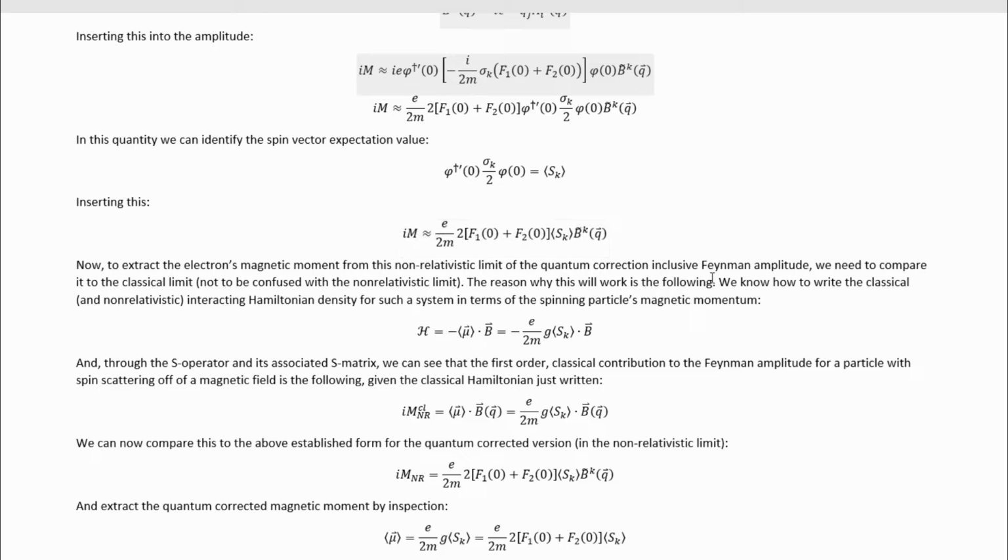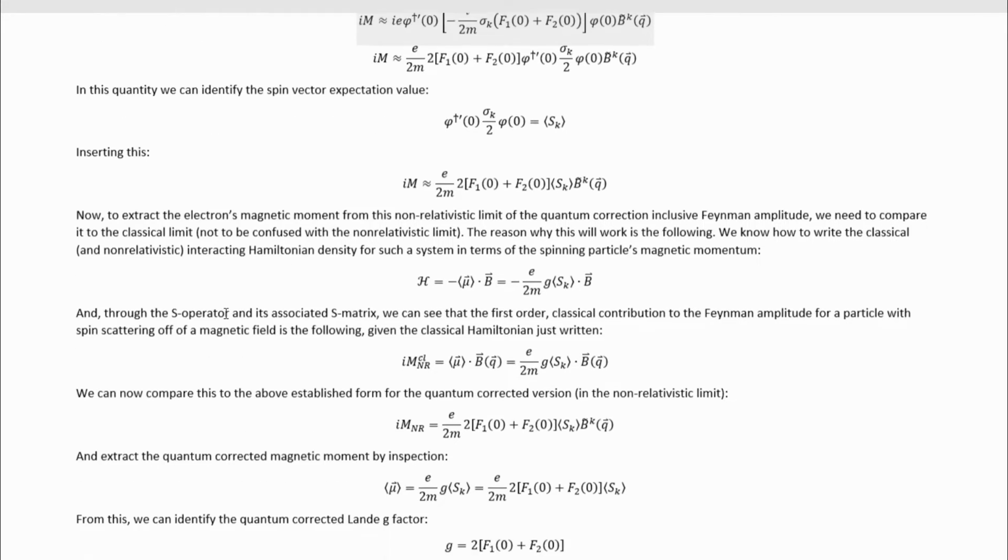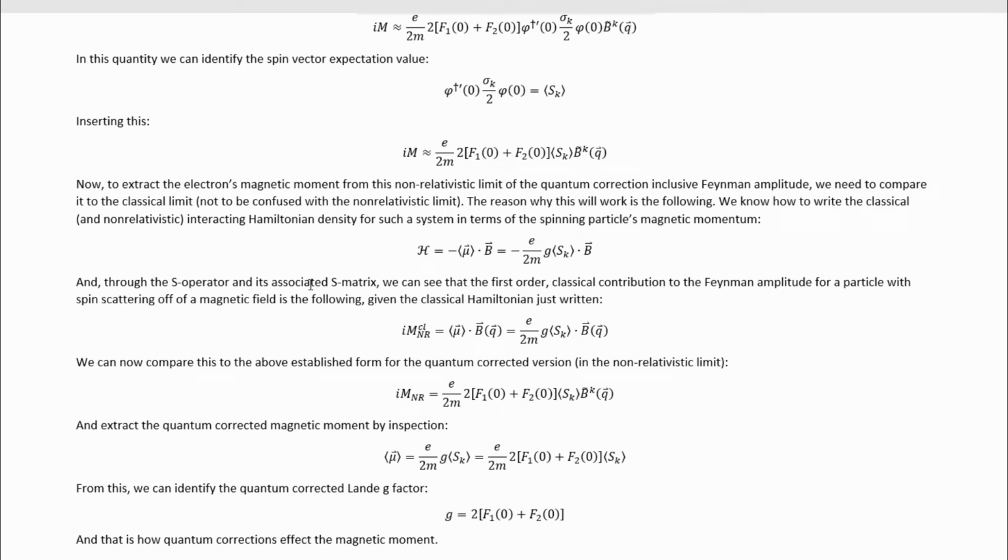The reason why this will work is the following. We know how to write the classical and non-relativistic interacting Hamiltonian density for such a system. It's just this Hamiltonian there. And through the S operator and its associated S matrix, we can see that the first order classical contribution to the Feynman amplitude for a particle with spin scattering off of a magnetic field is the following, given the classical Hamiltonian just written, this quantity here.